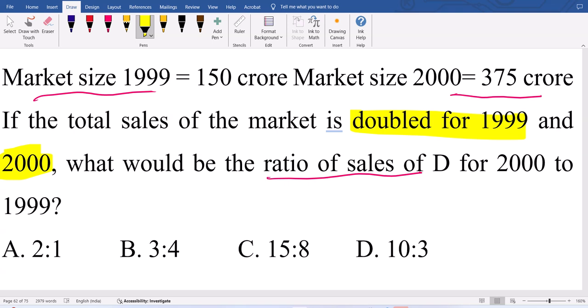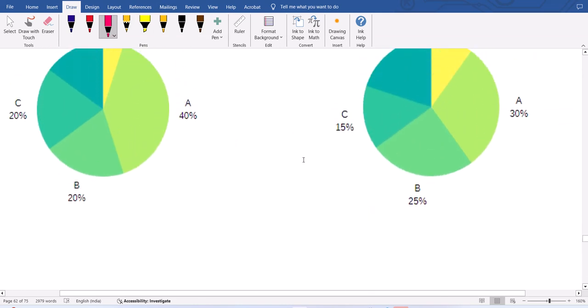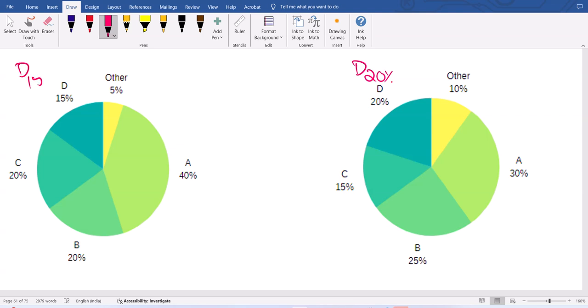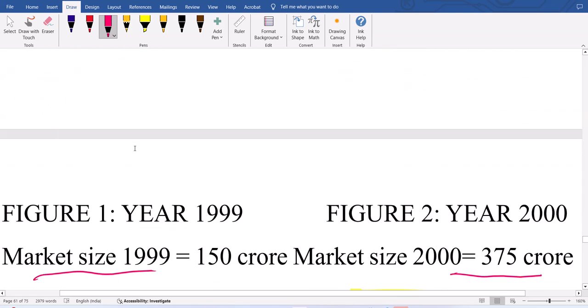So do it normally. What do they want? D sales from 2000 with respect to D sales in 1999. Okay, now listen. D here and D here. D is 20% in 2000, whereas D is 15% here. So 20 and 15 cancel, 4:3. No. This pie chart value, the second pie chart value, is 375 crores.